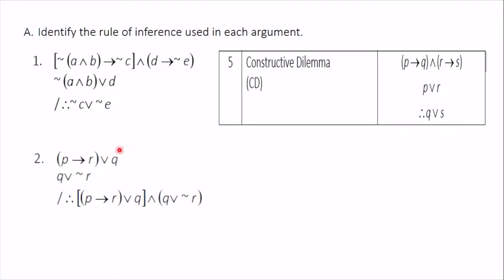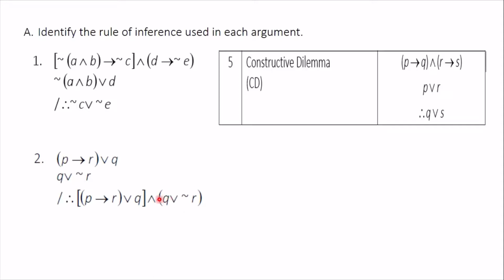Next, we have P implies R or Q and Q or not R. So this is the conclusion. Now, what is the relationship of the two premises to the conclusion? This is the first premise and this is the second premise.